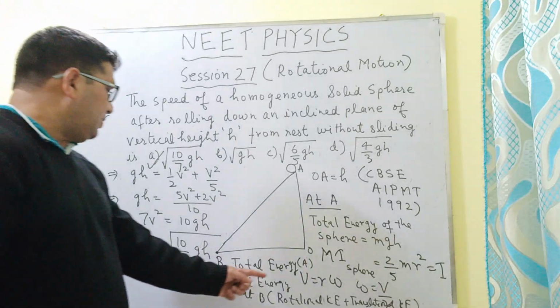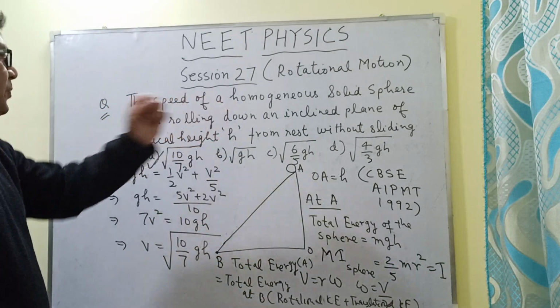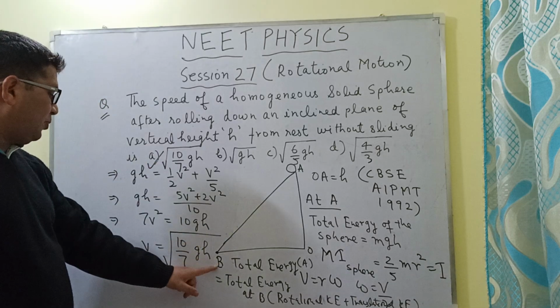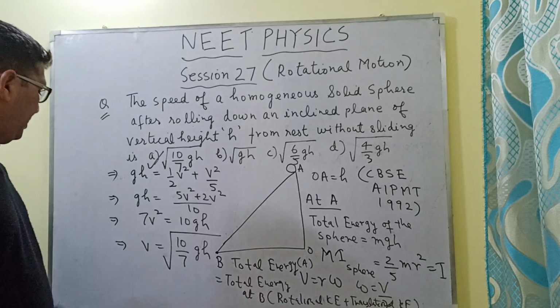By using this equation, we were able to find the value of the speed of the homogeneous solid sphere at the bottommost point B. So the correct option is A, that is under root 10 by 7 gh.